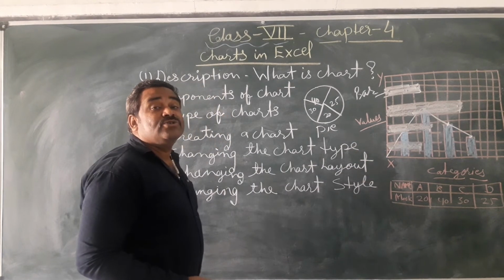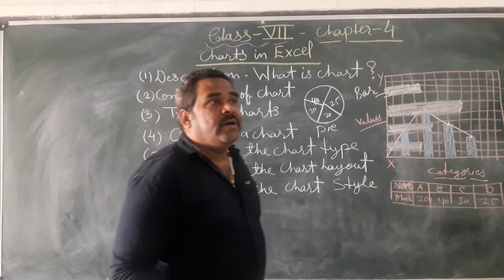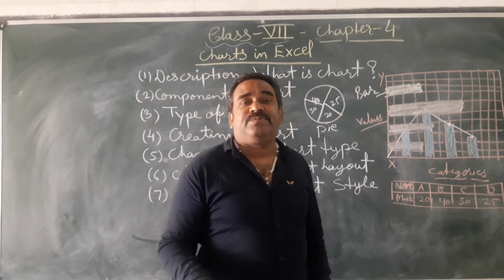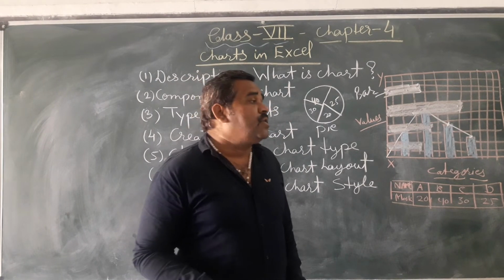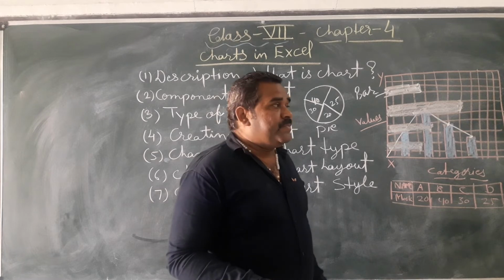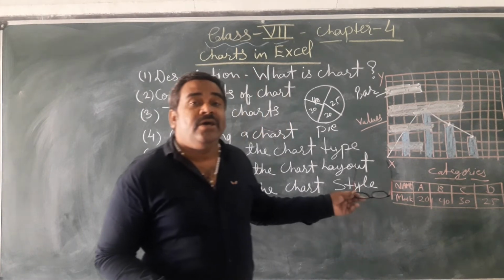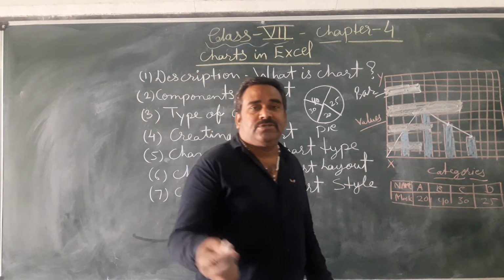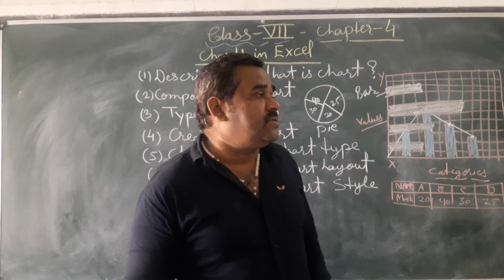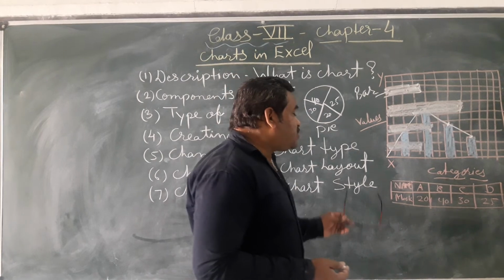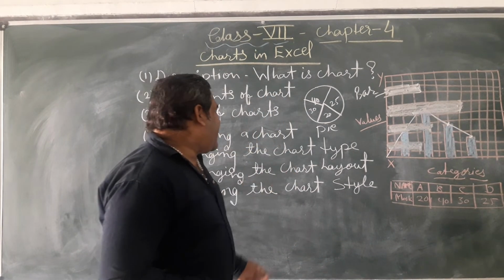There are many categories present over there, with different kinds of shapes, angles, and pictorial representations. It is your choice which one you want to put or change your chart type to.